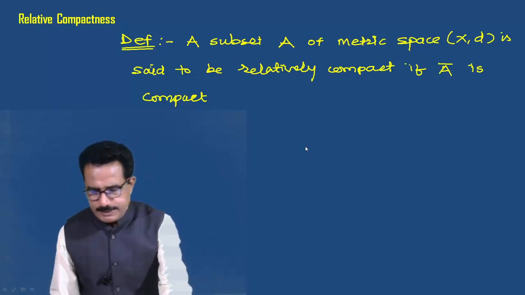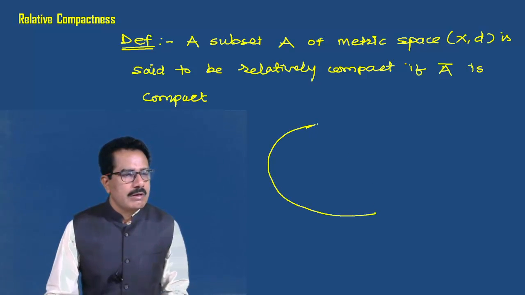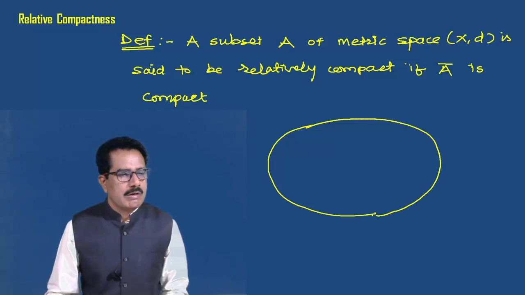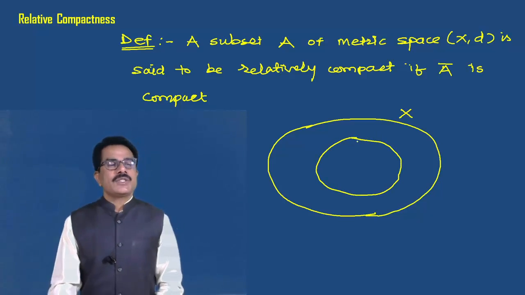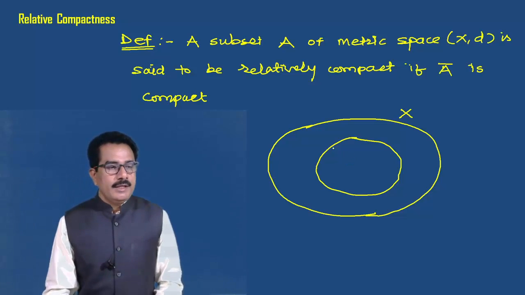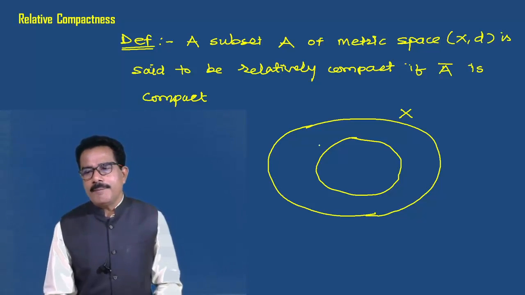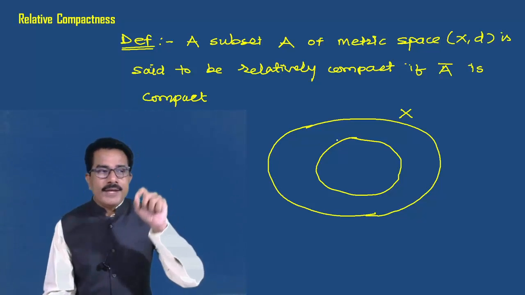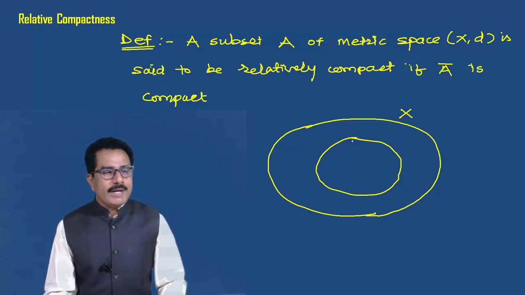Suppose this is a metric space X, d, and A is a subset of the metric space X, d. Then the concept regarding relatively compact is that A is compact whenever A bar is compact.